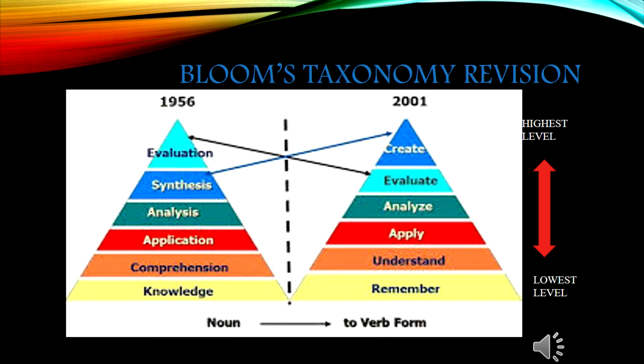What is the difference between the two pyramids? The noun terms for the levels, knowledge, comprehension, application, analysis, synthesis, and evaluation, were changed to verbs, namely remembering, understanding, applying, analyzing, evaluating, and creating. In the new version, create is the highest level and the lowest level is remember.